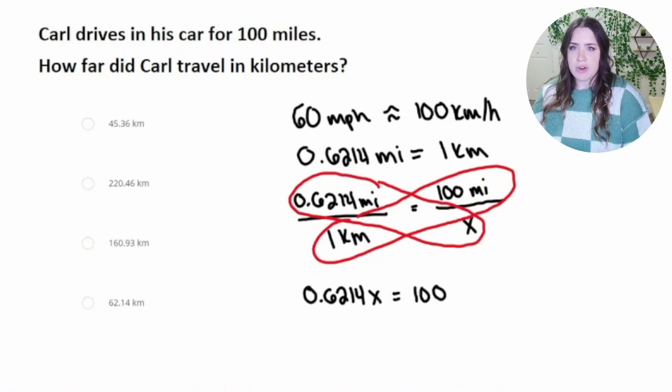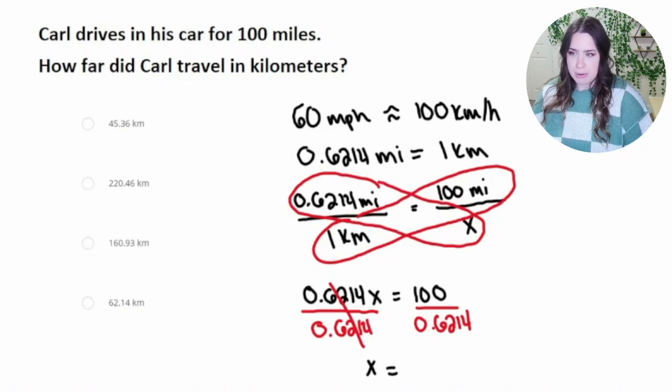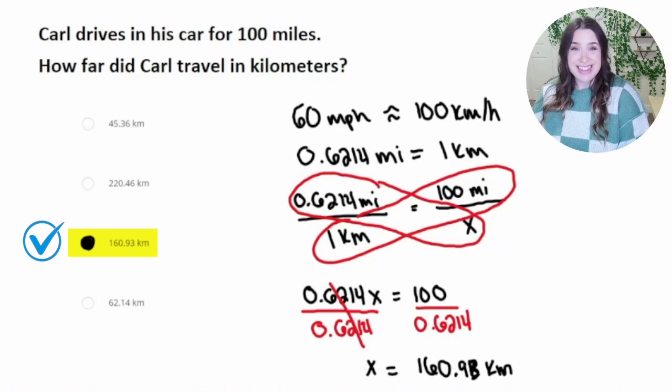Now to finish solving for x and getting it all by itself, we have to divide both sides by 0.6214. Those will eliminate, and then make sure you throw this into your calculator. Don't do this in your head, but we're going to get x equals 160.93 kilometers, which would be our answer right there.